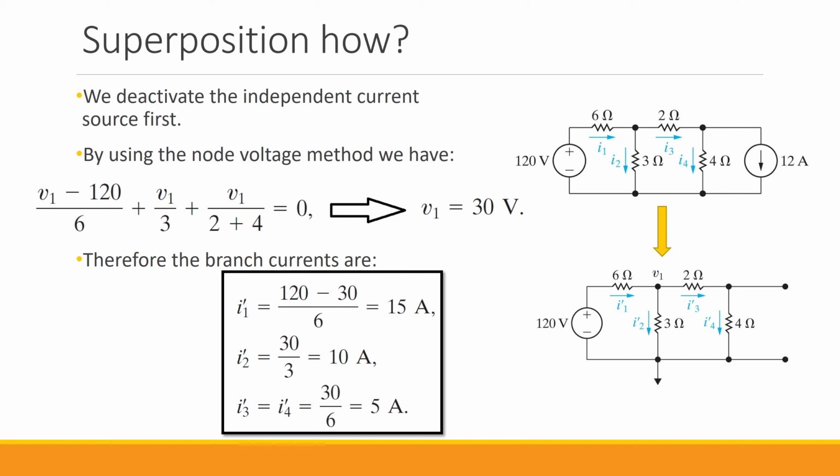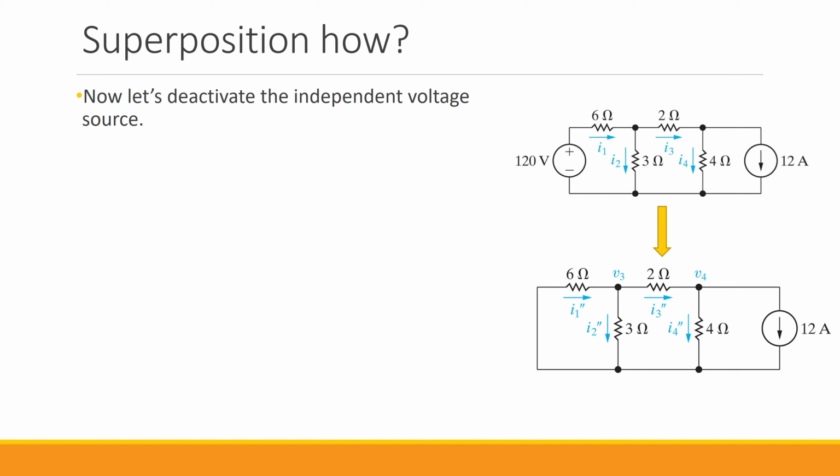So now that we have this, it's time to deactivate the voltage source while the current source is in the circuit. So for the voltage source, deactivation means, again, making it 0, which is making it short circuit, because we want its voltage to be 0.